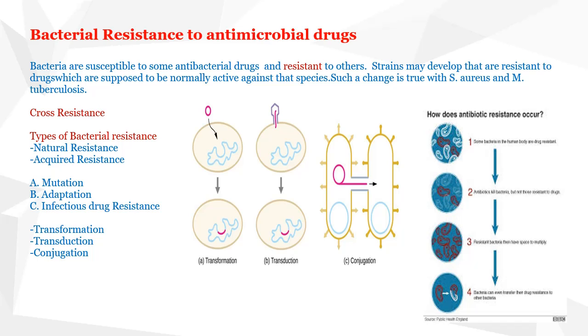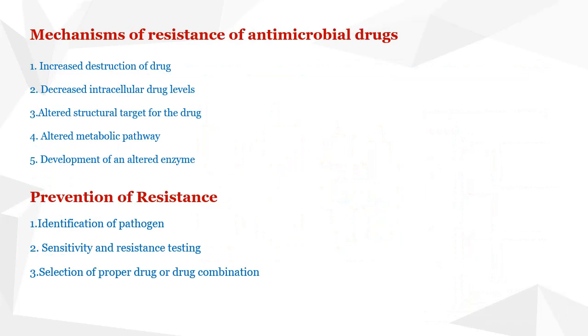So you can see in the diagram the process of transformation, transduction, and conjugation as a part of infectious multiple drug resistance. Well, coming to the mechanisms of resistance of antimicrobial drugs, after having seen the basics of bacterial resistance and certain principles behind it, let us see what are the various mechanisms of resistance of antimicrobial drugs.